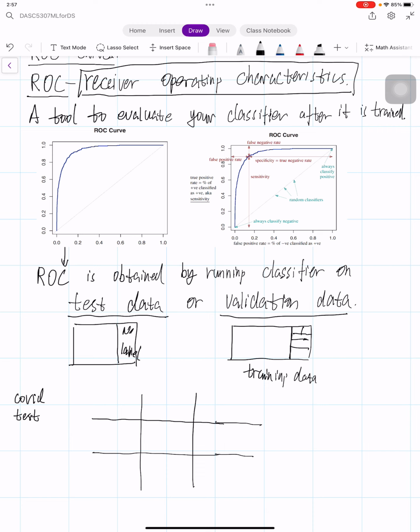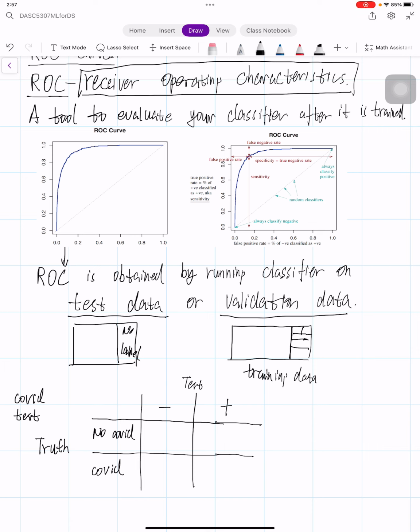Okay, so there are some truths. Truth is you have no COVID, or you got COVID, and the test, or the classifier, tells you you get a negative result or a positive result.